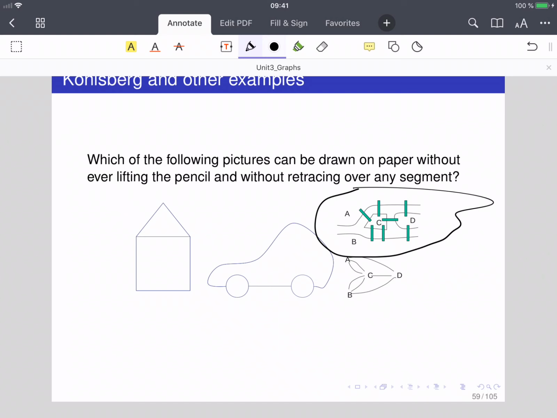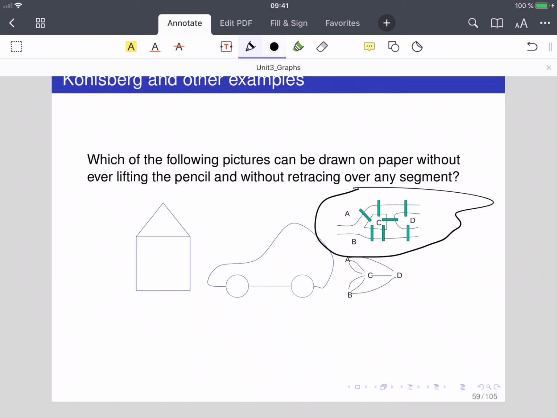Okay, so this was a problem that the famous mathematician Euler considered and solved, creating in the process what is today known as graph theory, or all the concepts that we have been studying in this unit.